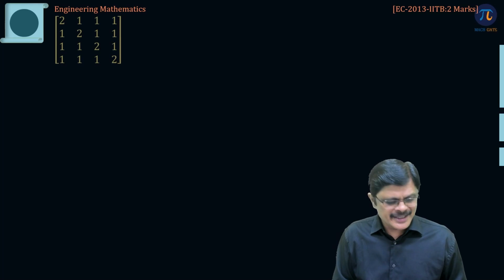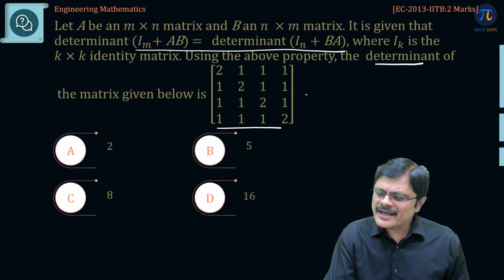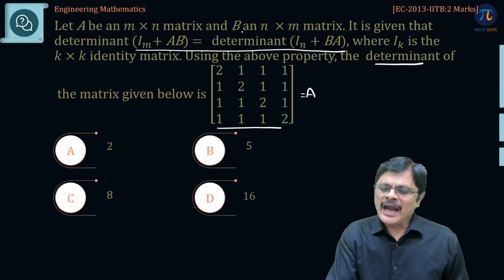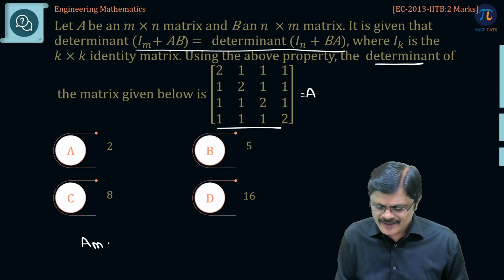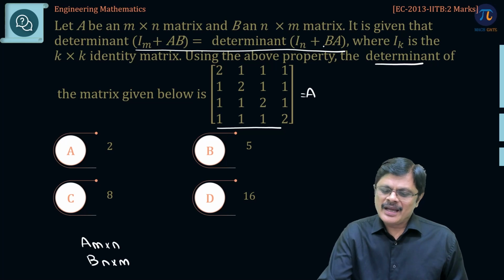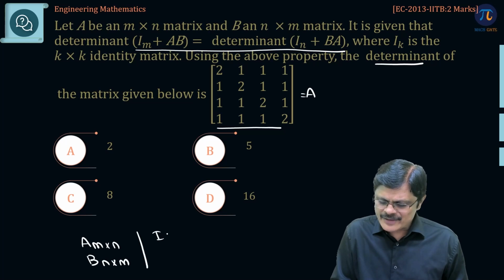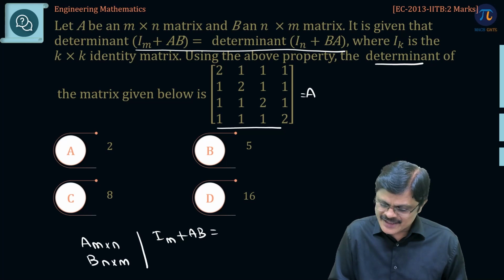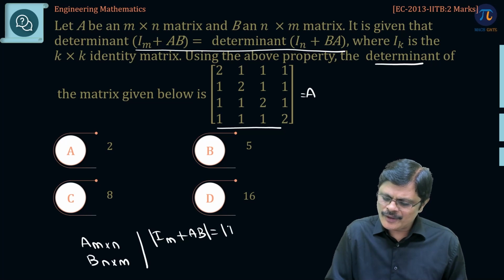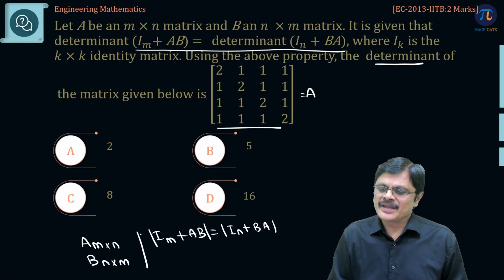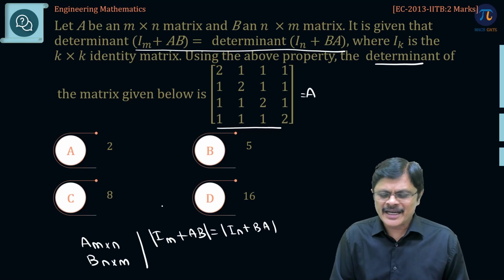See, what he mentioned is, let A be an m by n matrix, and B is an n by m matrix, and it is given that we have such a relation: determinant of Im plus AB is equal to determinant of In plus BA, where Ik is the k by k identity matrix.